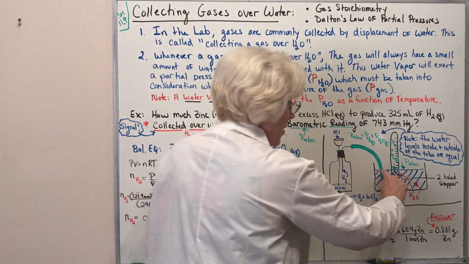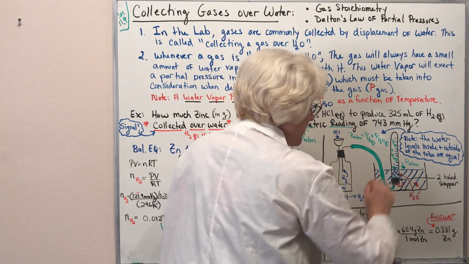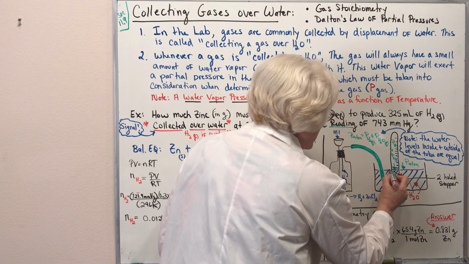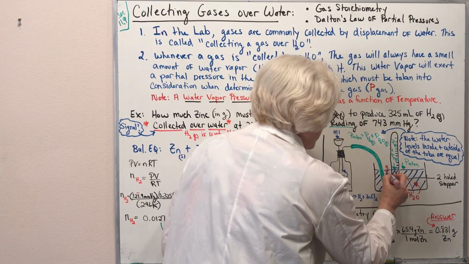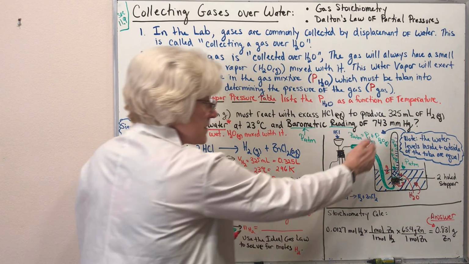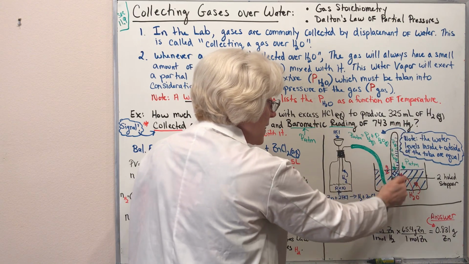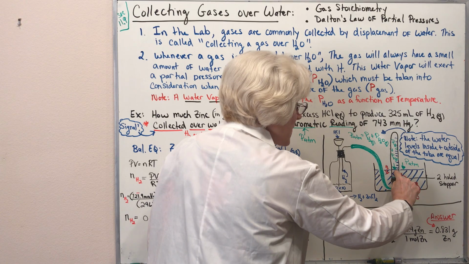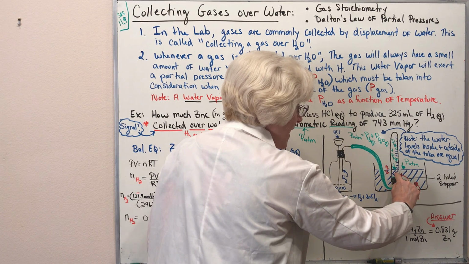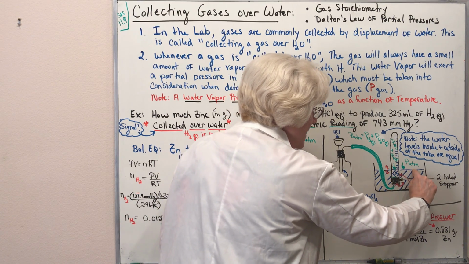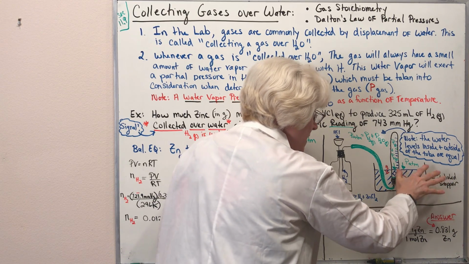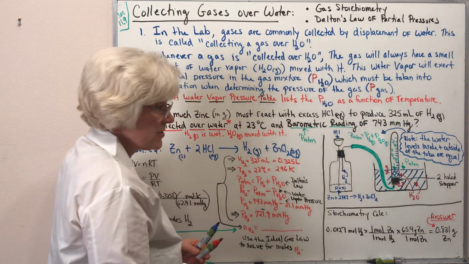Another thing to note is that when the reaction is complete, it is important to raise or lower the gas measuring tube so that the water that is left inside of the tube is at the same level as the water in the basin outside of the tube.